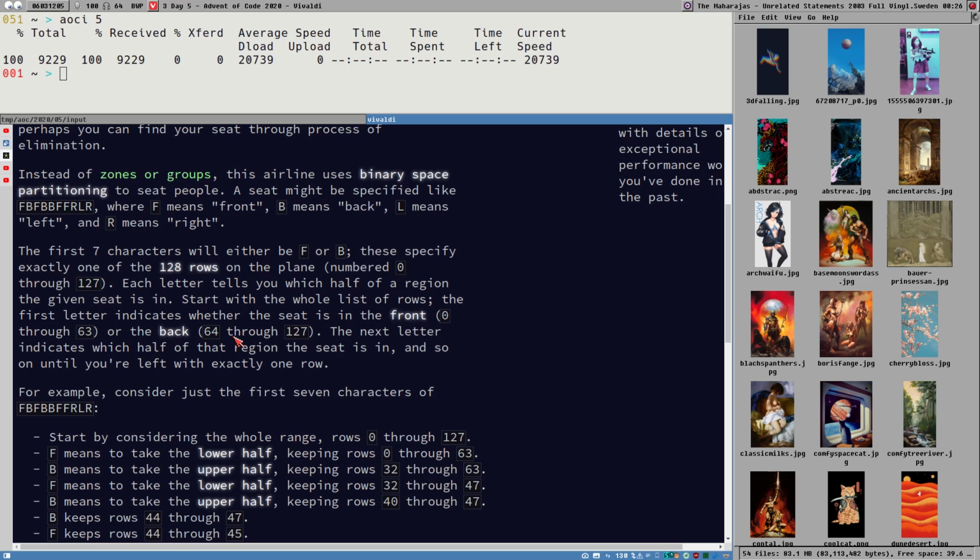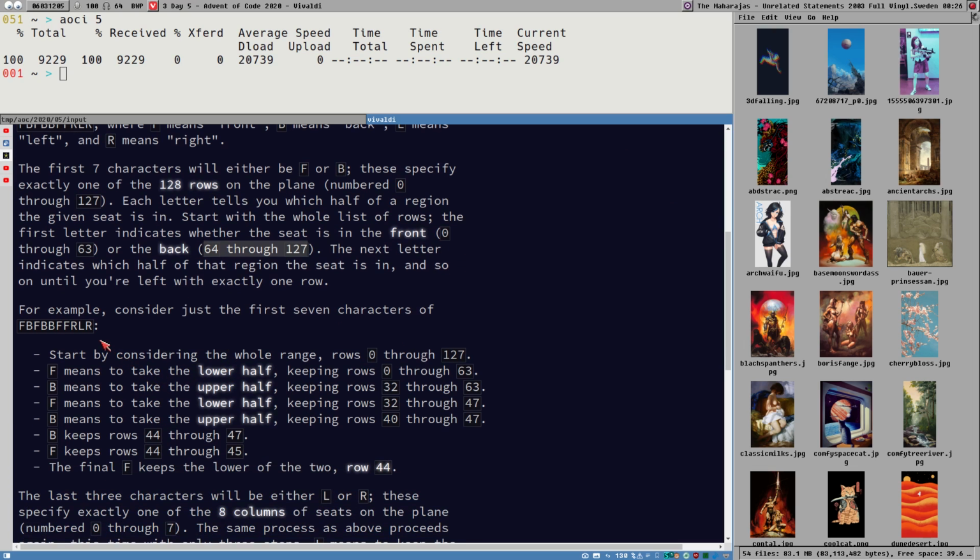Yeah, so it's a binary sort thing. Or back, the next letter indicates which half of that region, and so on. Okay. Until you're left with exactly one row. And then we split that on right, left, right.